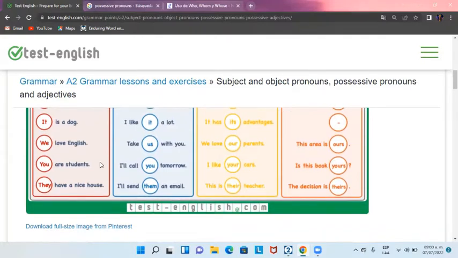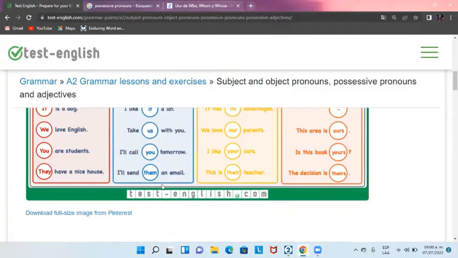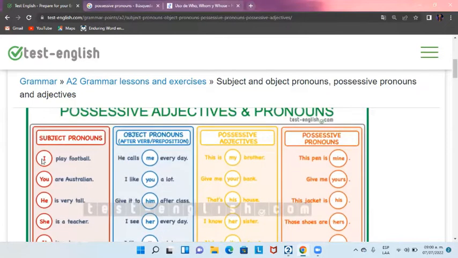I'll call you tomorrow. You are students, I will call you tomorrow. Here is the same. And then we have the last one, they have a nice house, I'll send them an email. I'll send them. Why? Because the action goes to them. This is the difference.